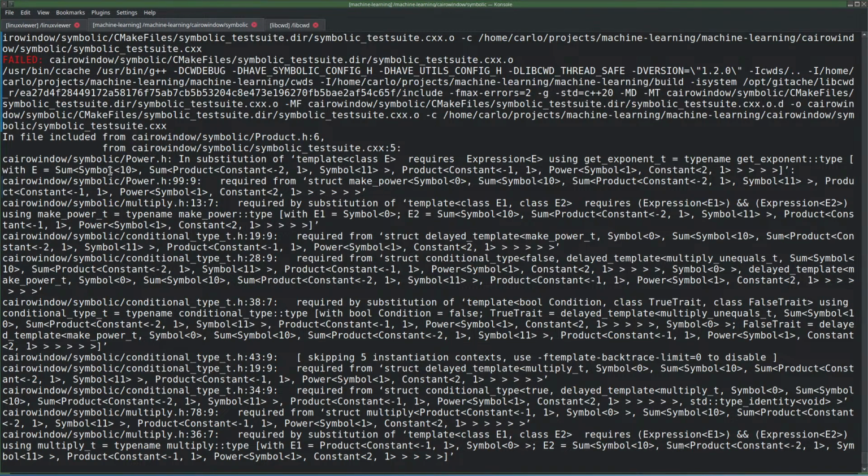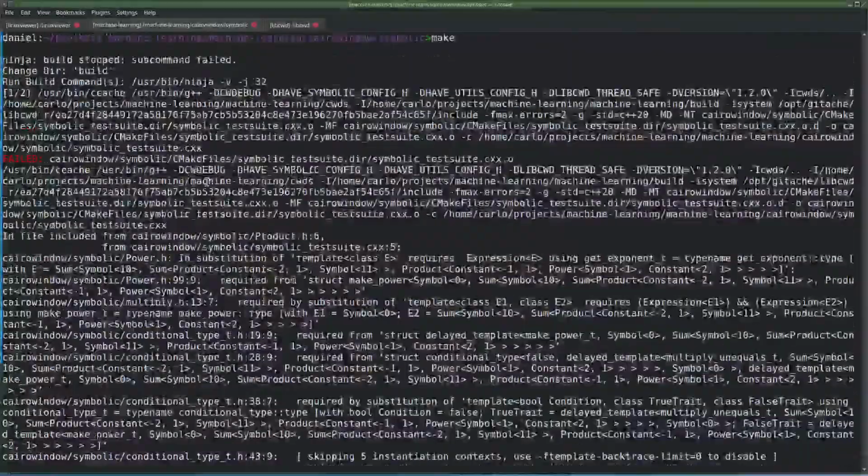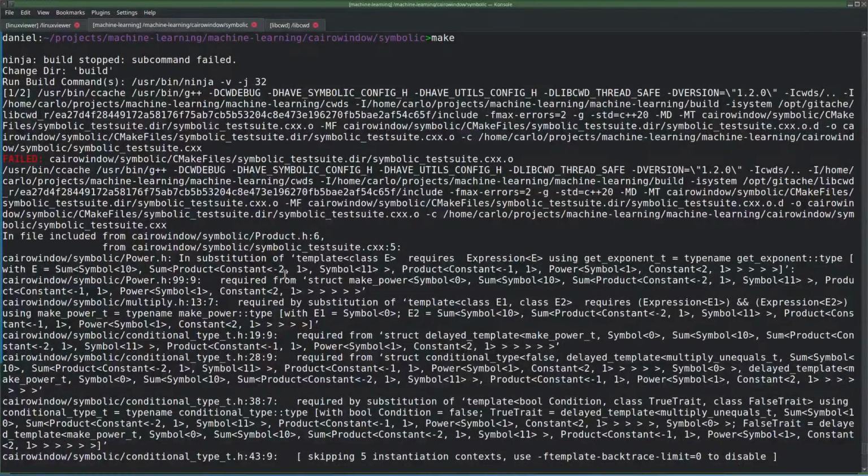The problem is in line required from 99.9 for a make power of a symbol and a sum. Well, the sum does not have a power, so that should never have been called. Power.h 99.9, and previously that was the same.